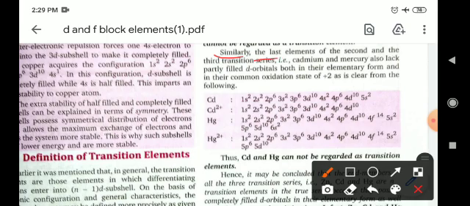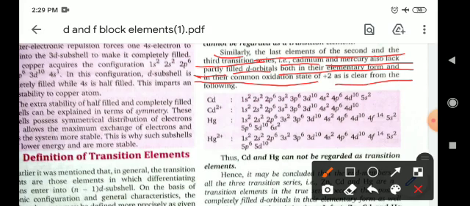Okay, similarly the last elements of the second and third transition series, that is cadmium and mercury, also lack partially filled d orbitals both in their elementary form and in their common oxidation state of +2, as is clear from the following. Cadmium, the d orbital has 10 electrons; cadmium 2+, 10 electrons.